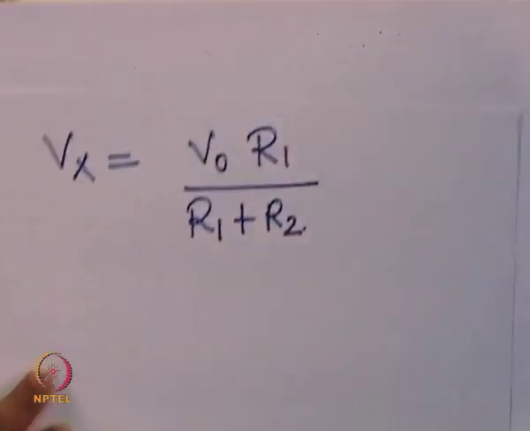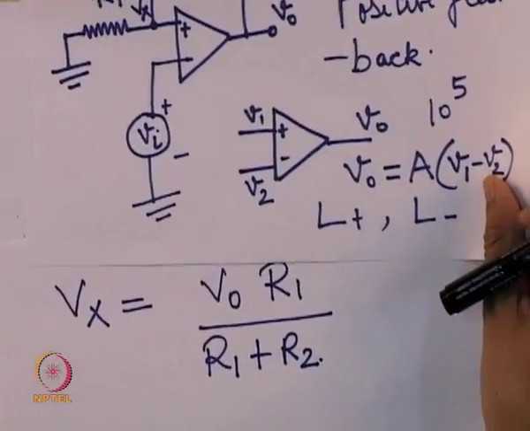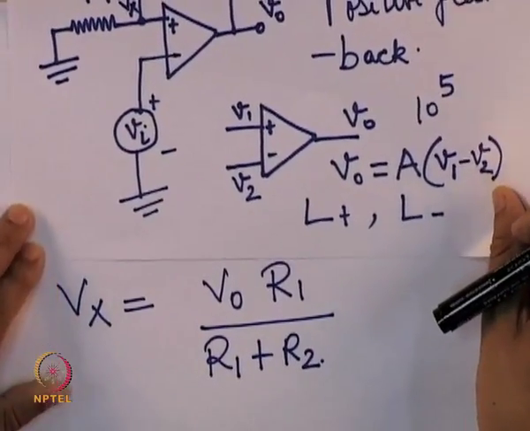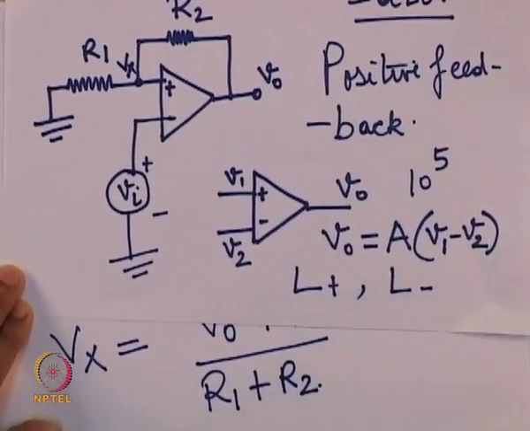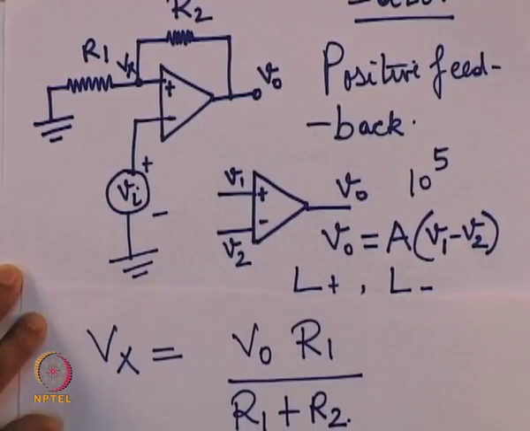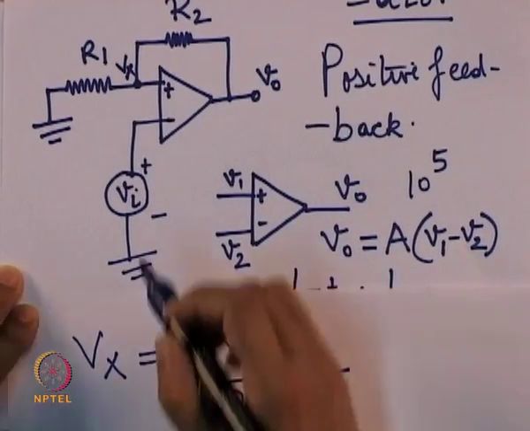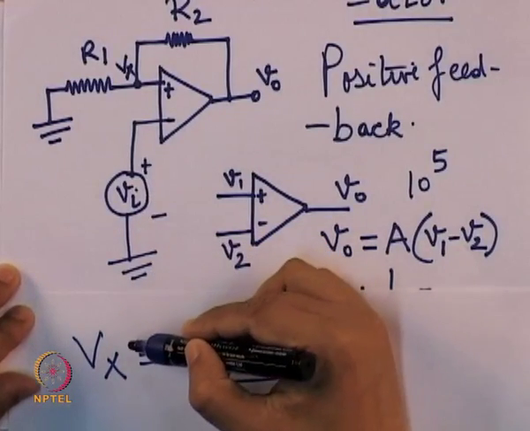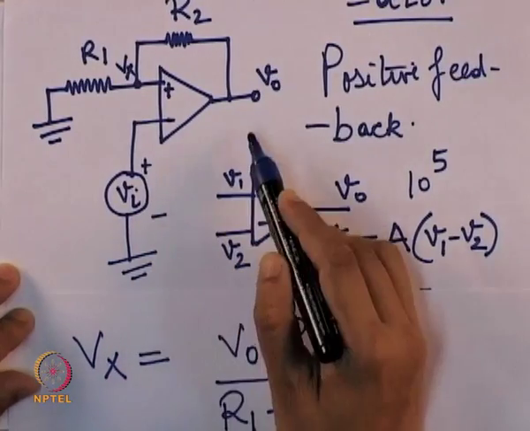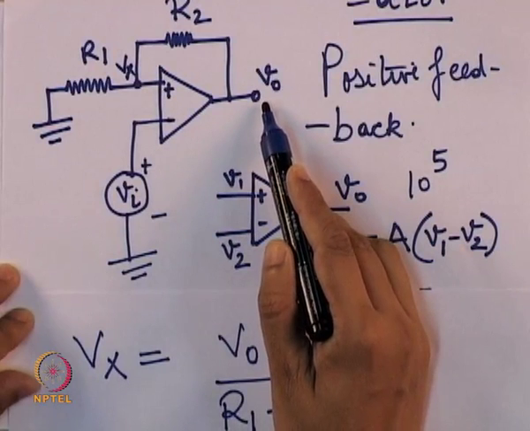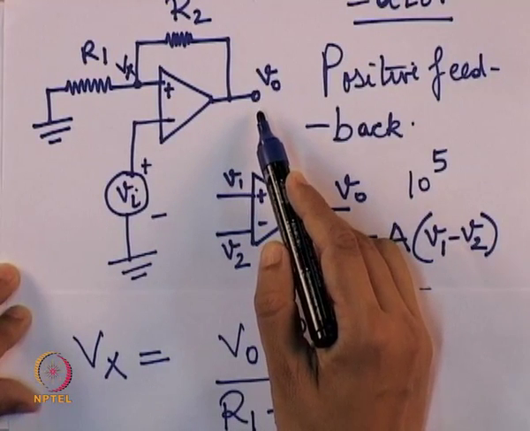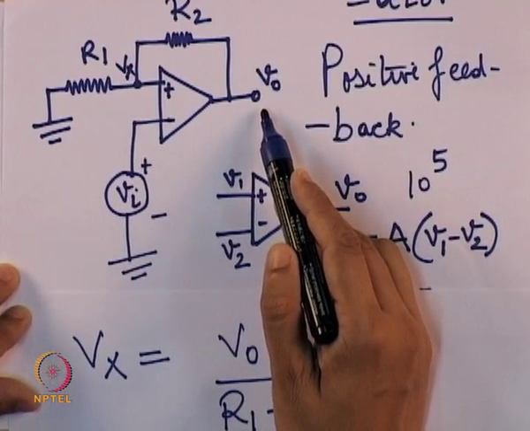So, till the time my Vi, let us go back to this circuit, this is my circuit and this is the value of Vx. Till the time Vi is less than Vx, Vo will continue to be saturated and equal to the upper saturation voltage L plus.